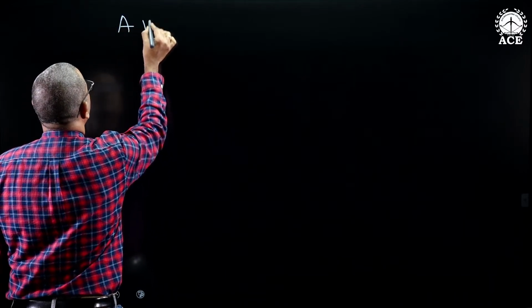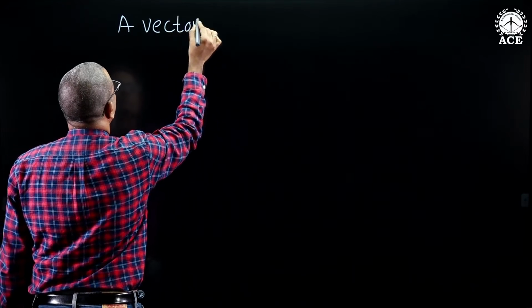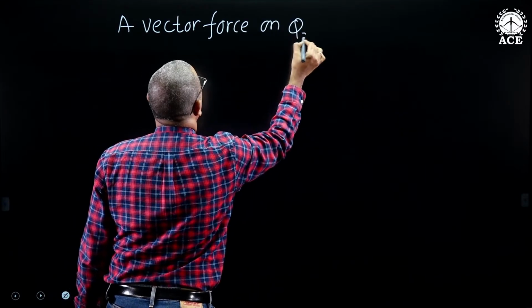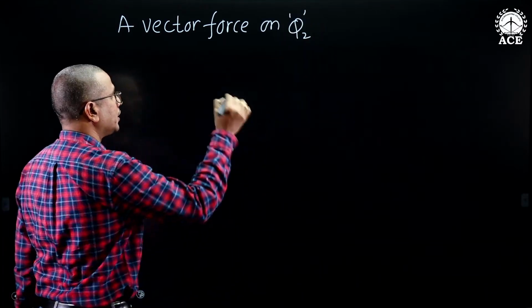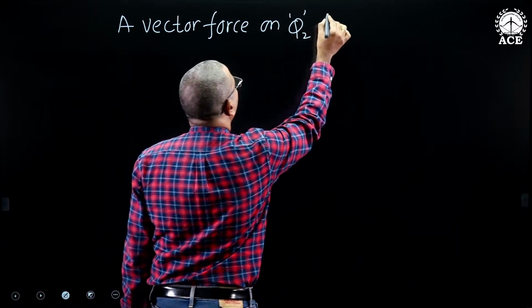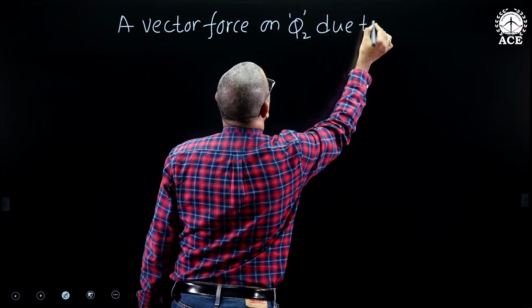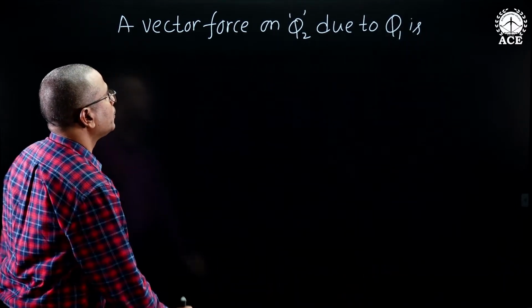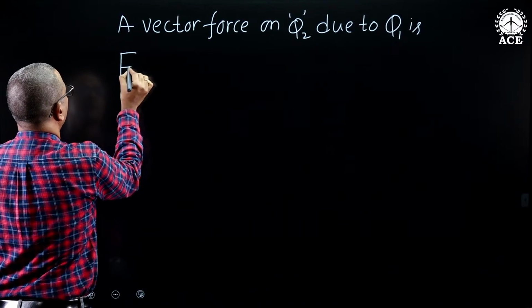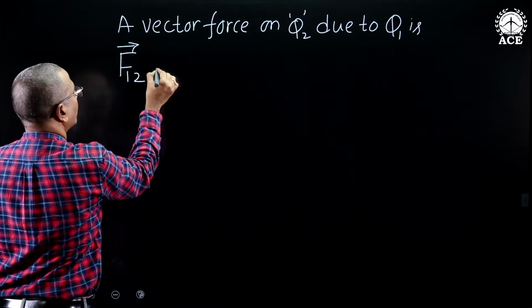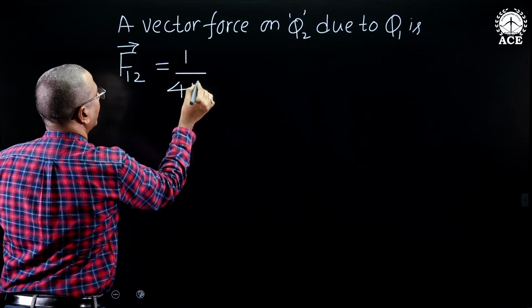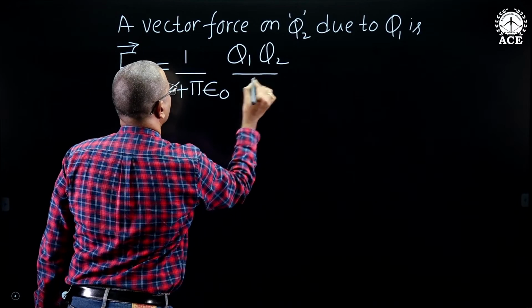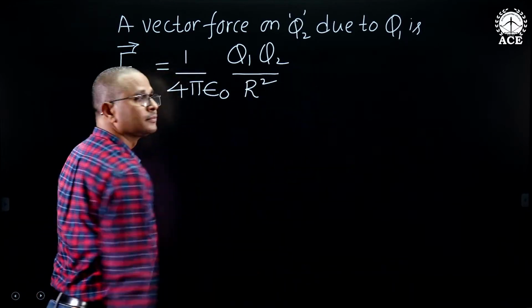Here, dear students, is the vector form of Coulomb's force equation. The vector force on charge Q2 due to Q1, which Q1 and Q2 are charges, I'm denoting with F12 bar, is equal to 1 by 4 pi epsilon naught Q1 Q2 by distance square R square.